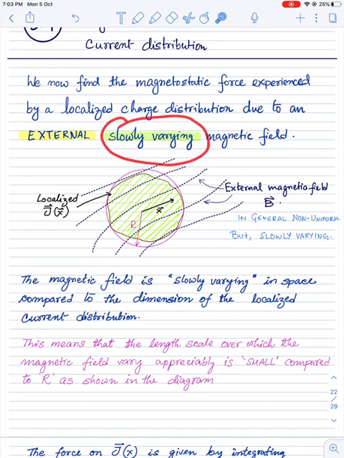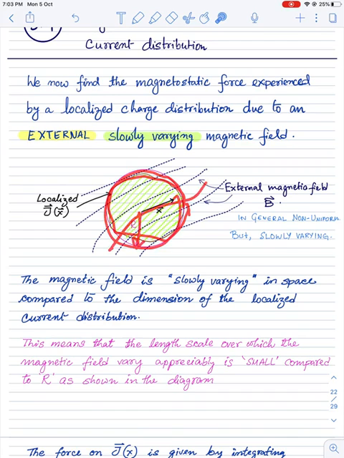Before starting, let me immediately say what my assumptions are. I would assume that the magnetic field is slowly varying. What do I mean by that? I mean that the magnetic field doesn't change much as far as the typical length of this current carrying distribution is concerned. Let's say the current carrying distribution is enclosed within a sphere of radius r.